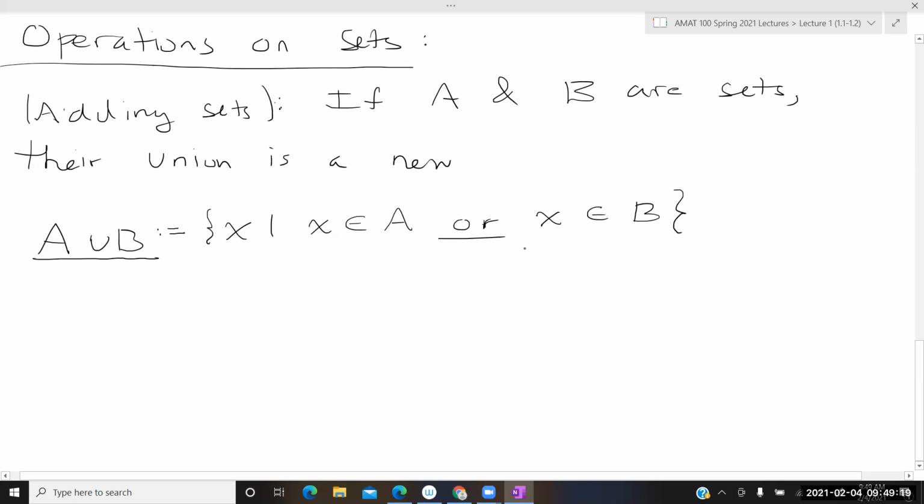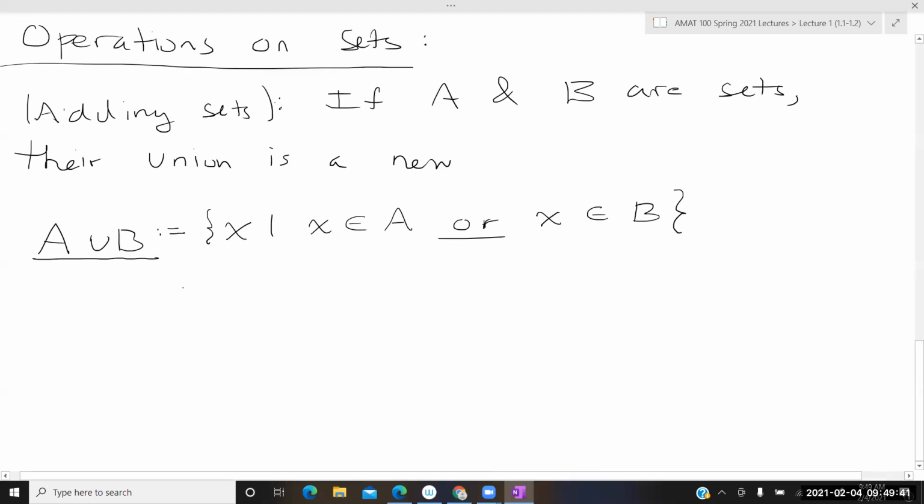So as I said, this is kind of like addition of sets. The number 0 in real numbers functions in such a way that when you add it to any other number, you just get that number back.